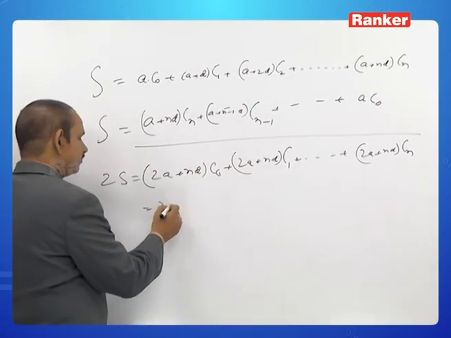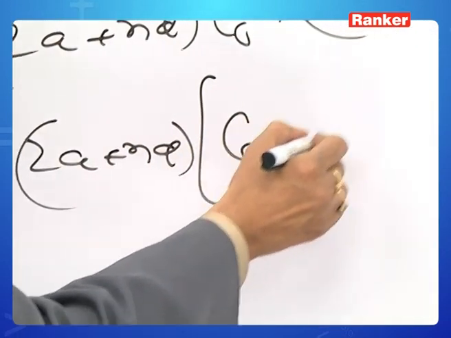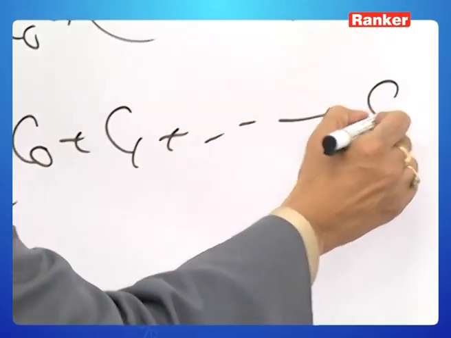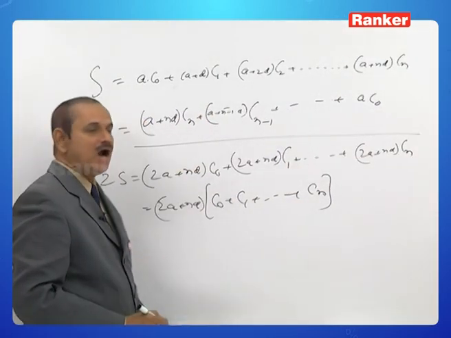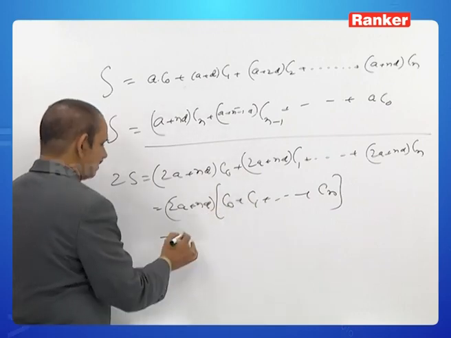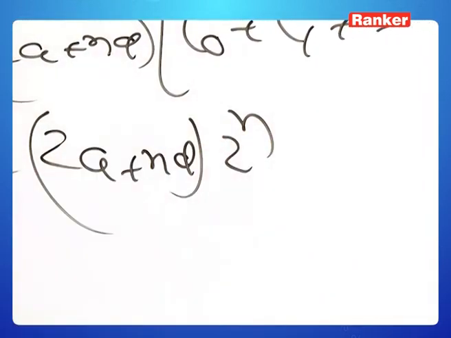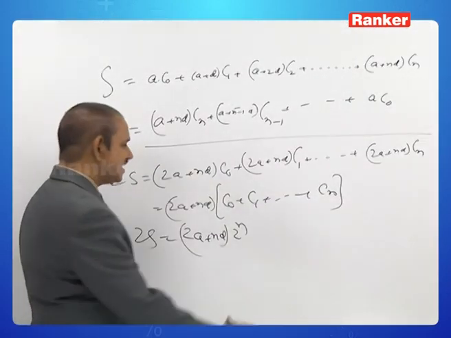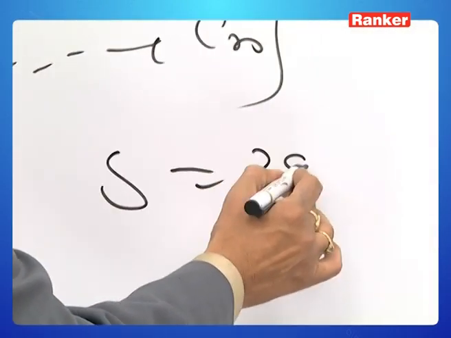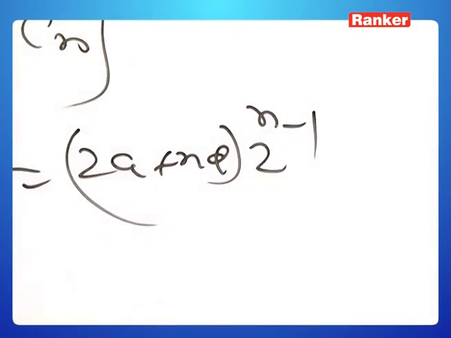This is nothing but (2a plus nd) into (C0 plus C1 plus C2 plus, etc., Cn). And we know that the expression inside the brackets is nothing but 2 power n. So (2a plus nd) into 2 power n is 2S. So what is S? S is equal to (2a plus nd) into 2 power n minus 1, isn't it?